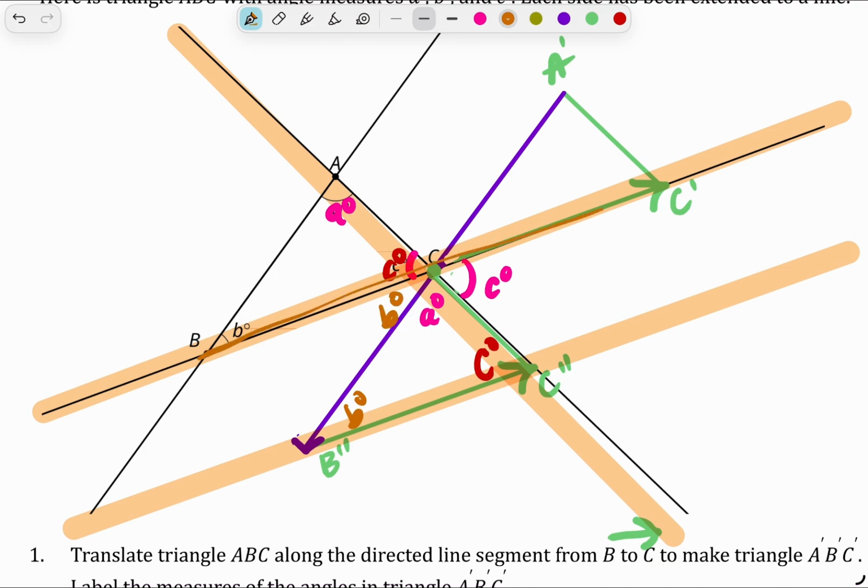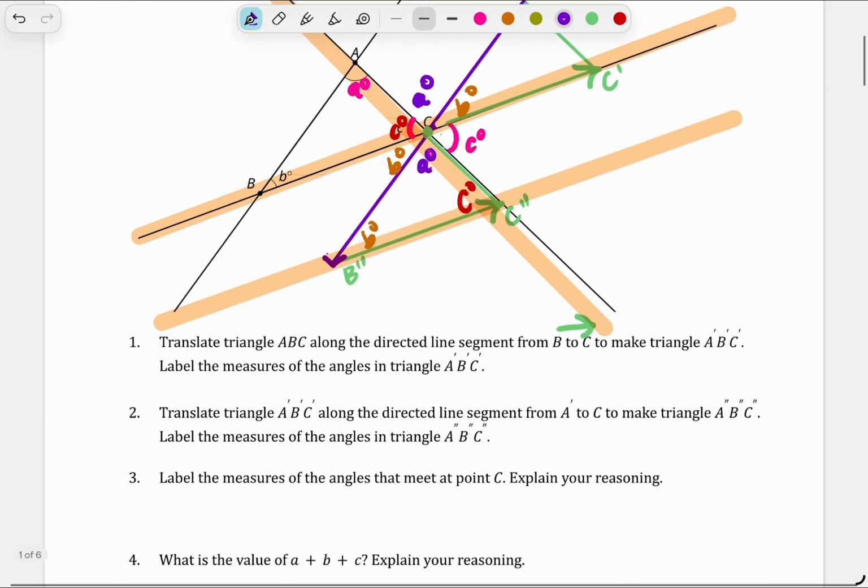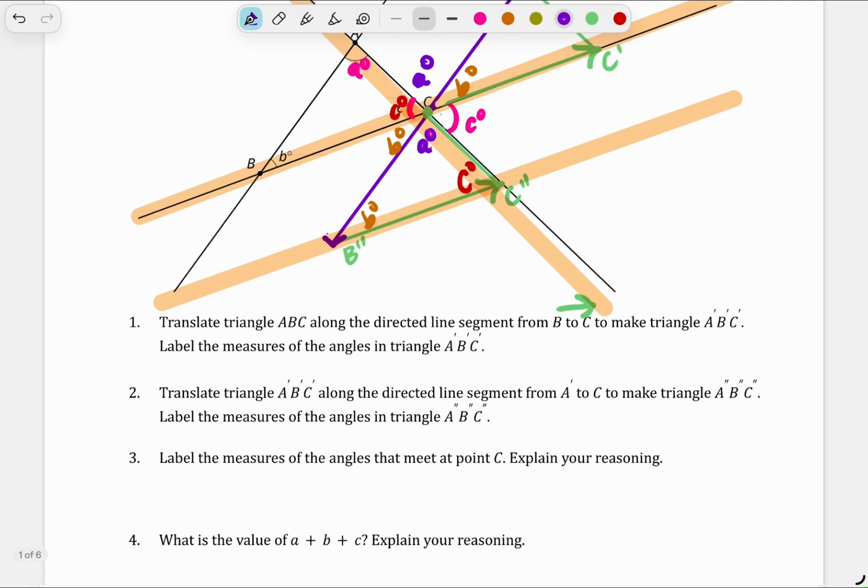And I also see that this makes an X, so there are vertical angles, so B degrees, B degrees, and vertical angles for the purple lines. So A degrees, A degrees. All right. So what is the value of angles A plus B plus C?